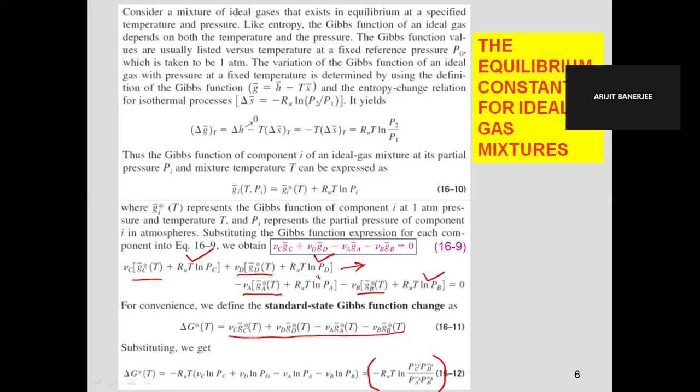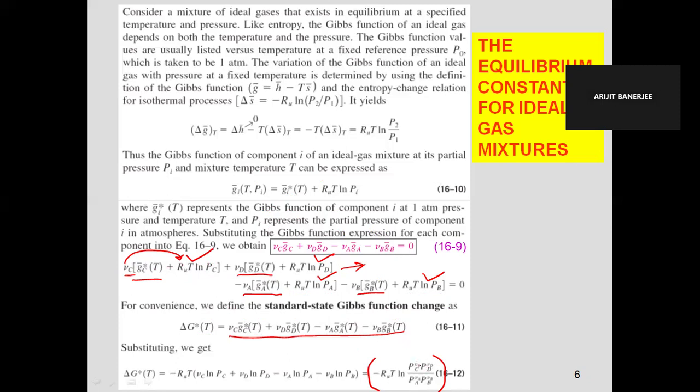And since you have a natural logarithm here, once you multiply it here, the stoichiometric coefficients will be multiplied. And if I take the power because of this natural logarithm, the partial pressure will be raised to the stoichiometric coefficients corresponding to the components. So we have written it like this.